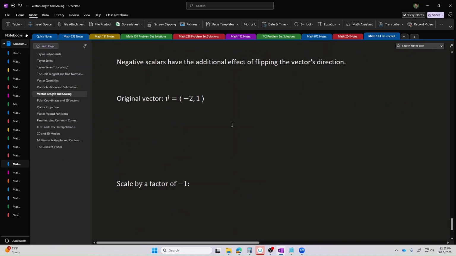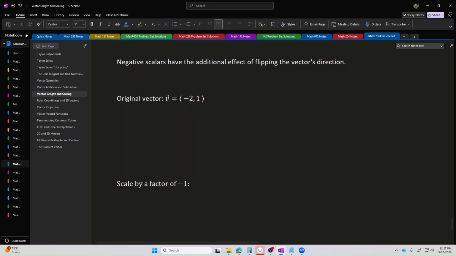Now, up to this point, we've been operating mostly with positive scalars. So let's think a little bit about what would happen if we're dealing with a negative scalar. For example, if I take the vector negative 2 comma 1 and I scale it by a negative number like minus 1. My original vector v points 2 units in the negative x direction and 1 unit straight up.